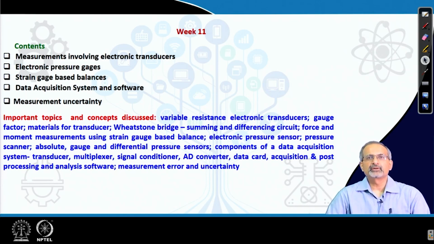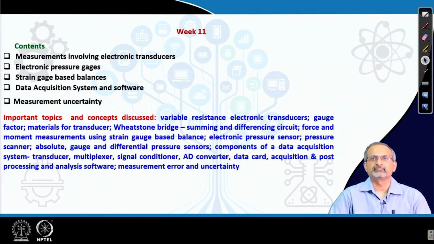We discussed different components of data acquisition systems comprising the transducer, multiplexers, signal conditioner, analog to digital converter, data card, acquisition and post-processing analysis software, and we finally ended with a lecture on measurement error and uncertainty, which is a very important aspect of all measurements.